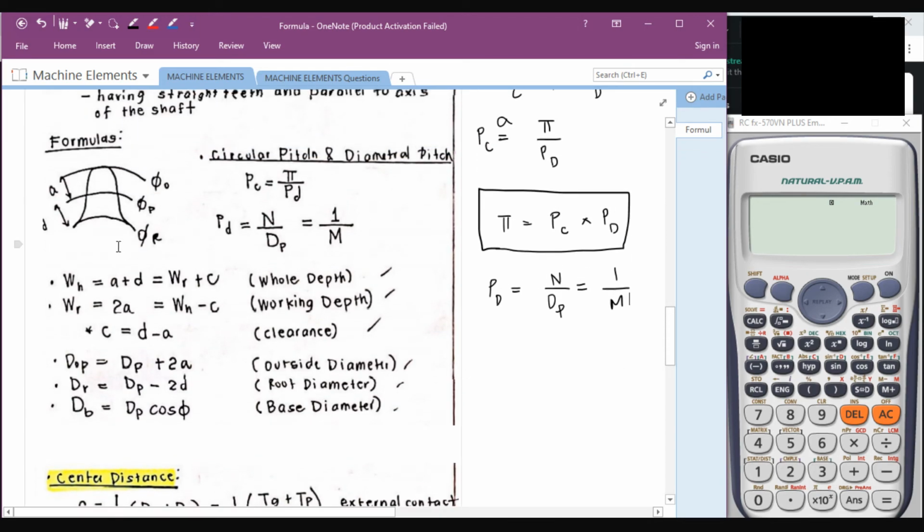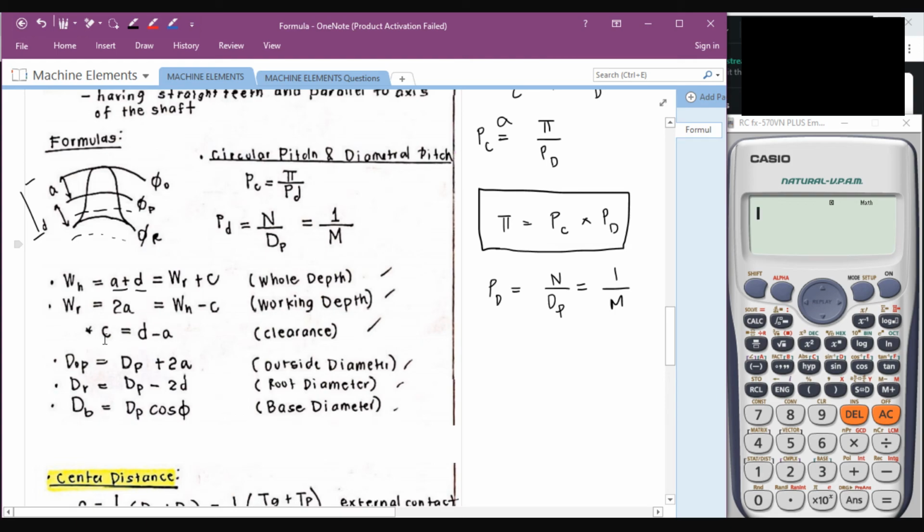Another one, whole depth, which is the entire depth of your tooth. Whole depth is equal to addendum plus dedendum, or the working depth. There is also what is called clearance, I think it is below. Twice the addendum is the working depth.